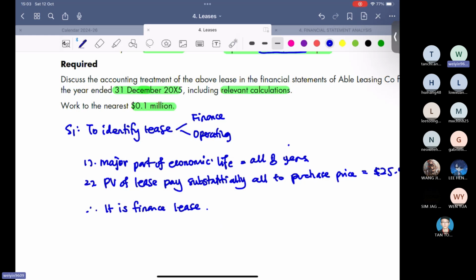So when you recognize it as a finance lease, Able should recognize the asset and recognize lease receivable.